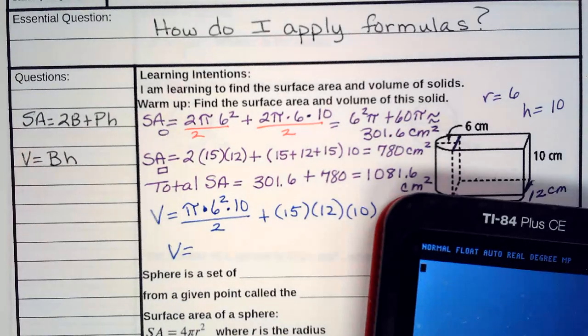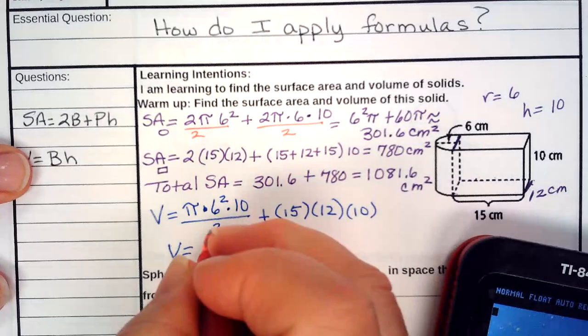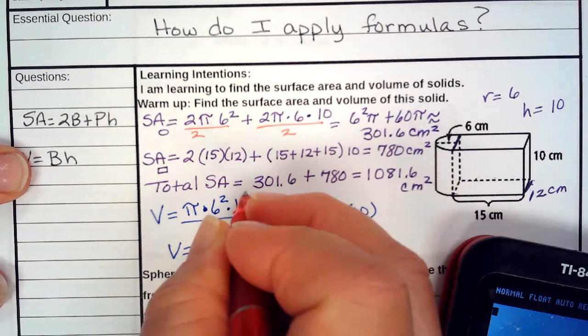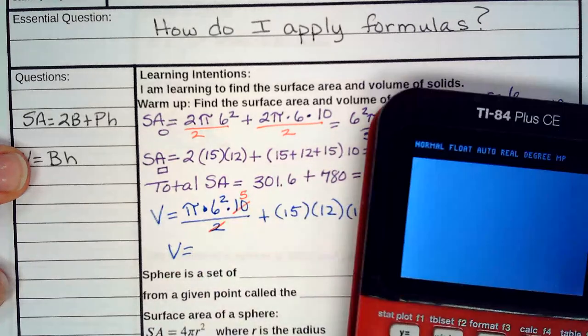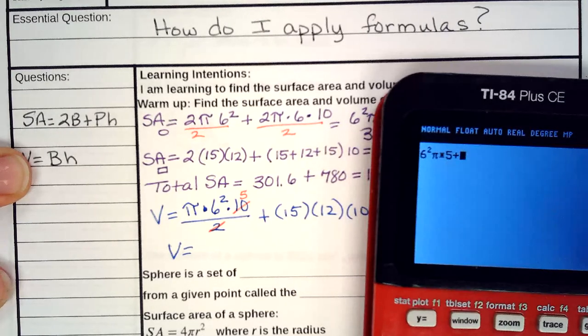So to make it easier to put into my calculator, half of 10 is 5, so I'm going to multiply by 5 here. So this is going to be 6 squared pi times 5 plus 15 times 12 times 10.